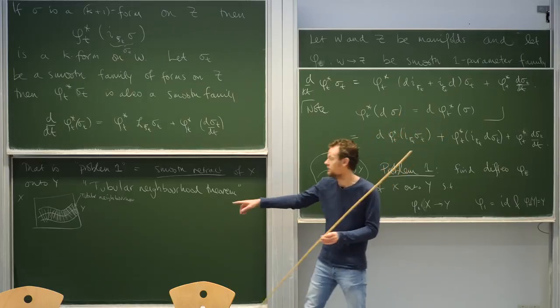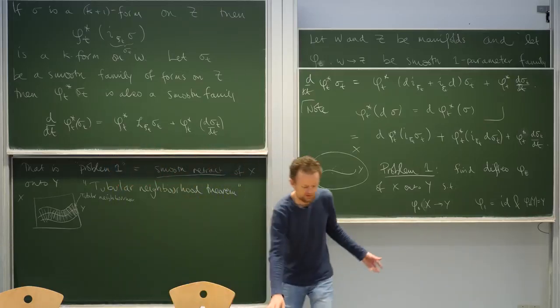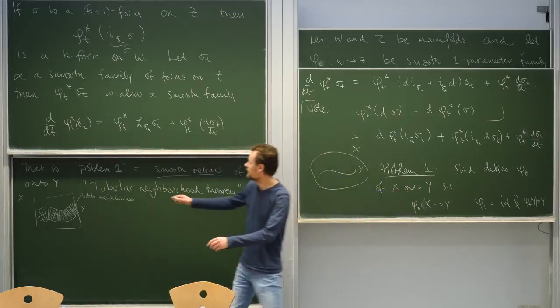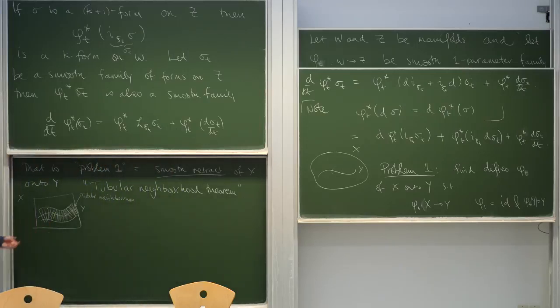And that's the neighborhood U that we need. And how do you get this smooth retract? Well, you just do the exponential map. So you got some point there. How do you get to that point? Well, you just do the exponential map along this normal vector. And so that defines for you, as long as the length of these things is short enough, a diffeomorphism that you can use to retract every point onto this line here.